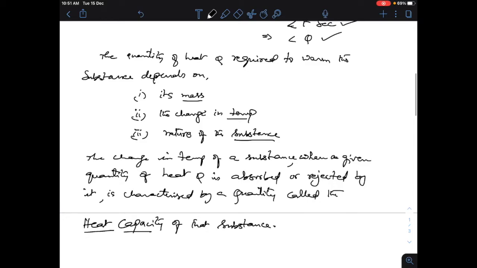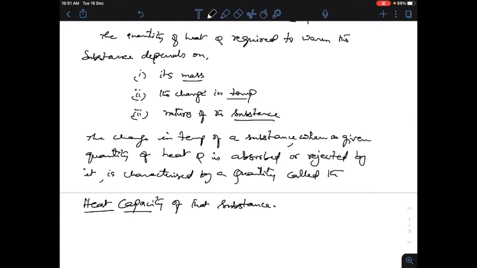So what do we understand? The change in temperature of a substance, we have changed it to 20 degrees centigrade, 40 degrees centigrade, by supplying the same amount of heat.